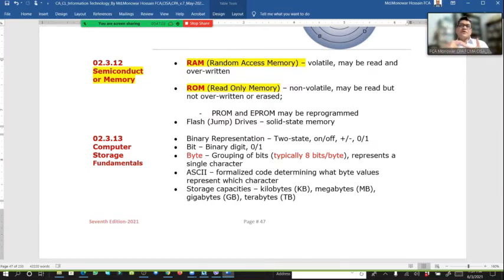Within the RAM, we can overwrite data and also erase it. But ROM is restricted; we cannot erase the data of ROM.